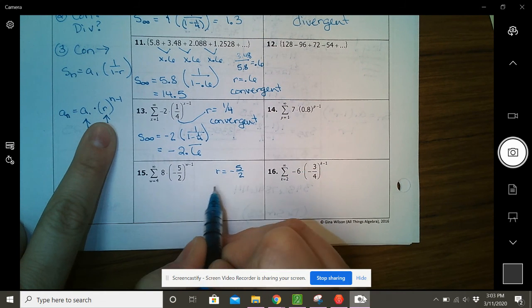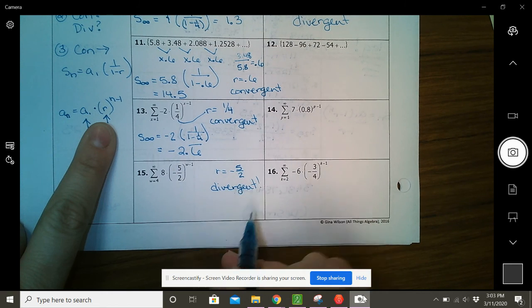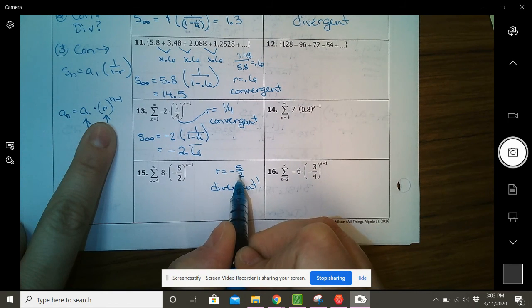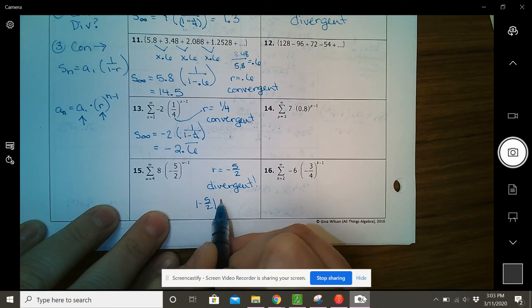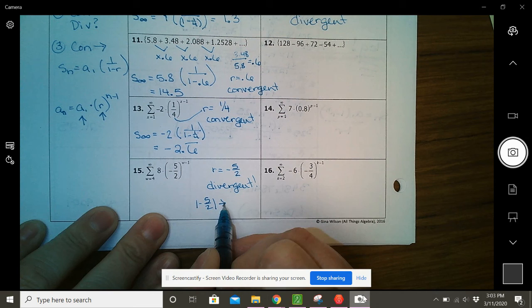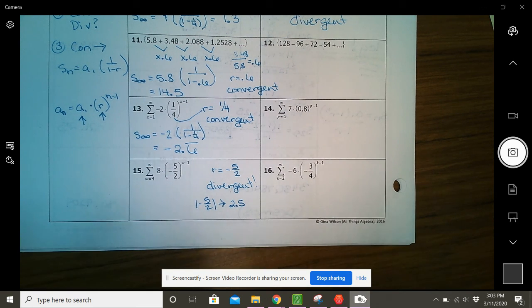Well, guys, that means it's a divergent series, because -5/2, the absolute value of that is 2.5 if you put it in decimal mode, right? And 2.5 is bigger than 1, so that is divergent. So we're not interested in finding this sum. In fact, you can't find this sum. This sum is not specific, okay?